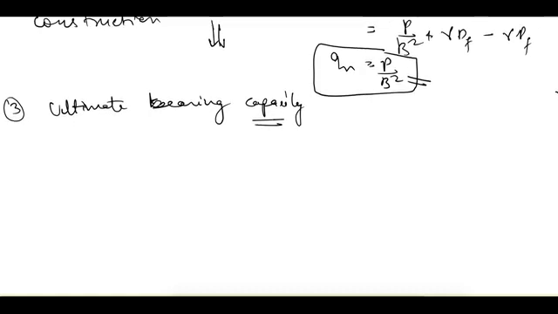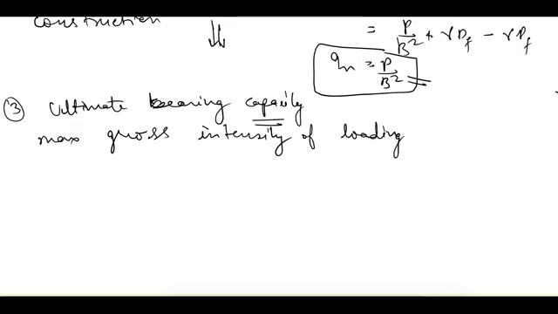So the first definition is ultimate bearing capacity. It is the maximum gross intensity of loading that the soil can carry before failing in shear.